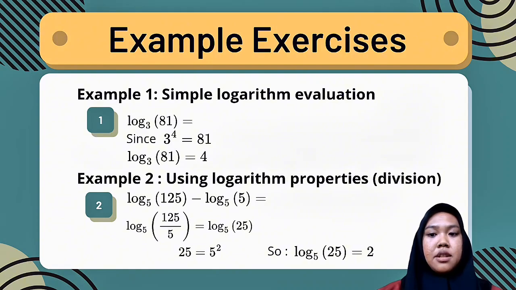So it becomes log base 5 of 125 divided by 5, which is log base 5 of 25. Since 5 squared equals 25, the answer is 2.